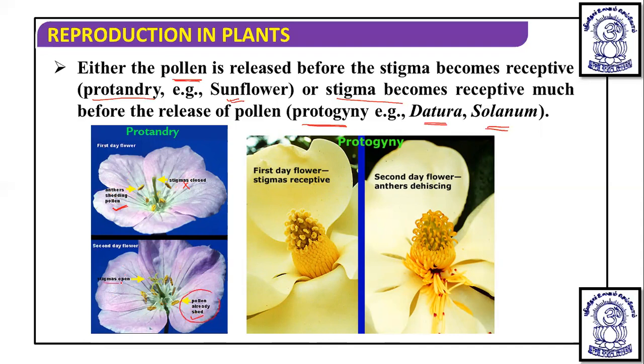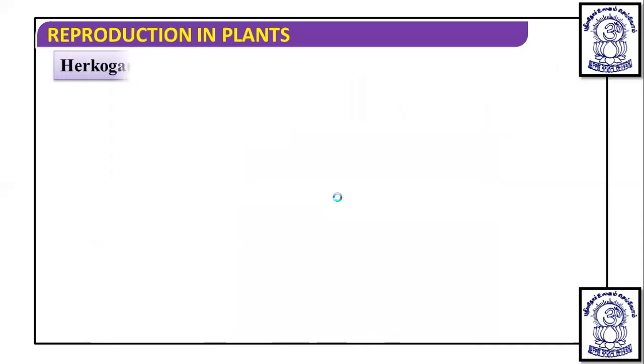So before the stigma opens, the pollen grains are released. So it is protandry. Whereas in protogyny, on the first day of the flower, the stigma is receptive. On the second day, the anther dehisces. So before the anther dehisces, the stigma has received the pollen of a different flower. So this is the thing in dichogamy.